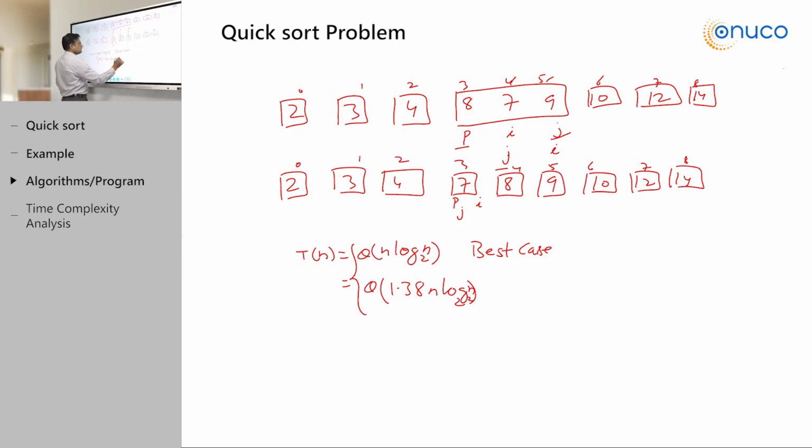In the average case, time complexity is n log n base 2. Here also it is the same, n log n base 2. Here the constant multiplicative factor is 1.38. That's it. Then the worst case it is n square.